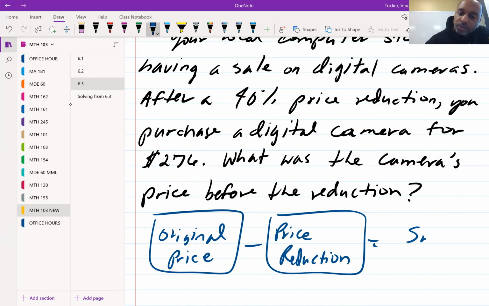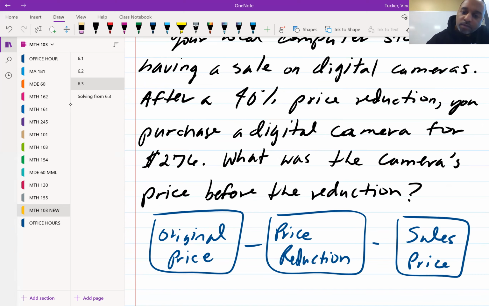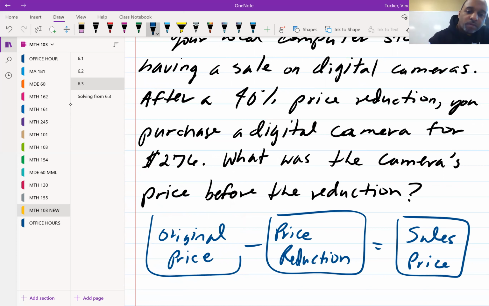Then that would be equal to the sales price. There's no other way to do that. If you've ever done retail, you're going to have your original price, you're going to have a price reduction, so you minus that, and then you'll have the sales price after that.